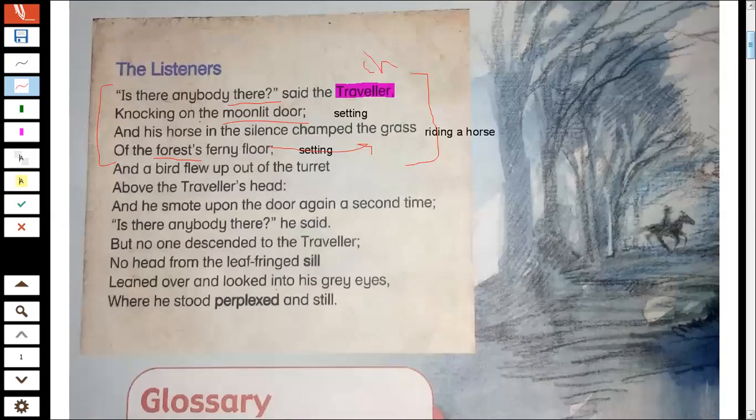The poem is not divided into stanzas; all of it is one stanza. So I would appreciate it if you think about the coming four lines, from "and the bird flew up out of the turret" until "is there anybody there?" Think of it, please. Try to analyze it in your mind.